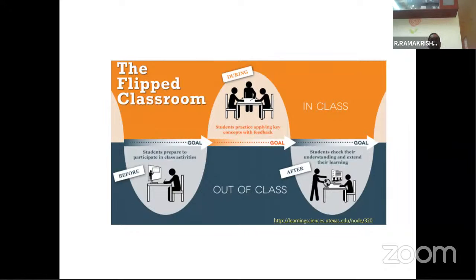In this system, as I said, technology plays the key role. Multimedia technologies and other internet technologies, computers and communications play a very significant role in implementing the flipped classroom and flipped learning system.